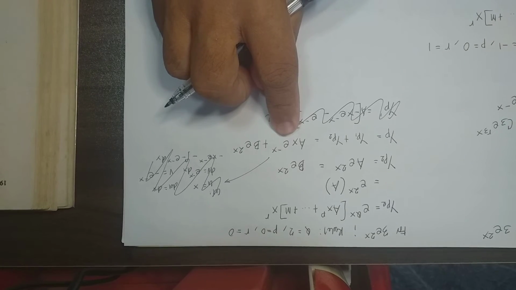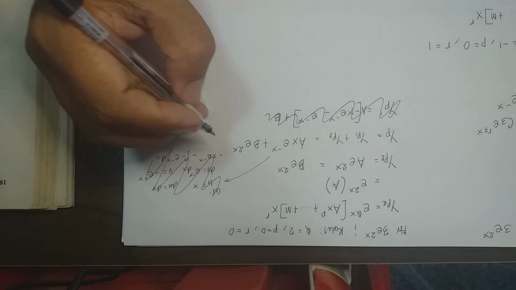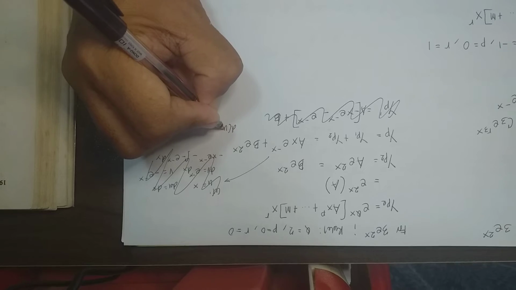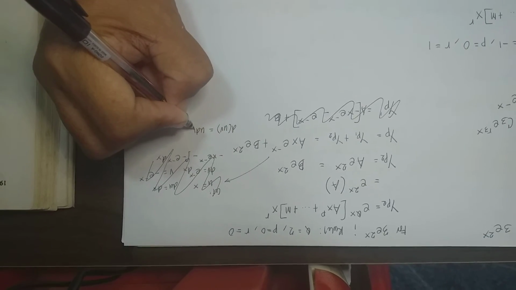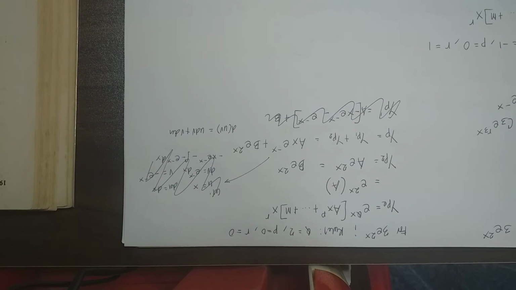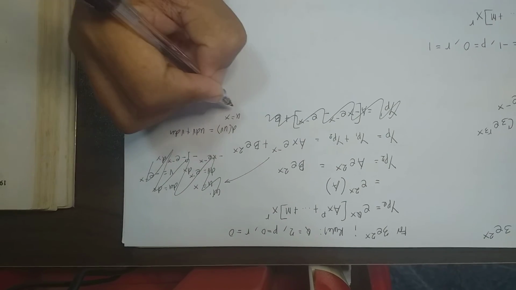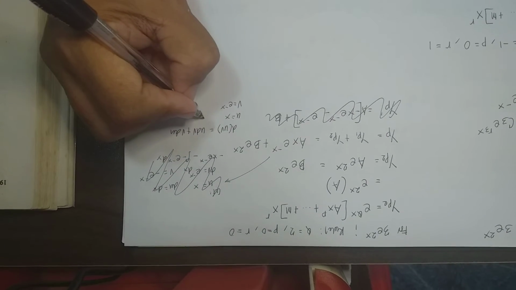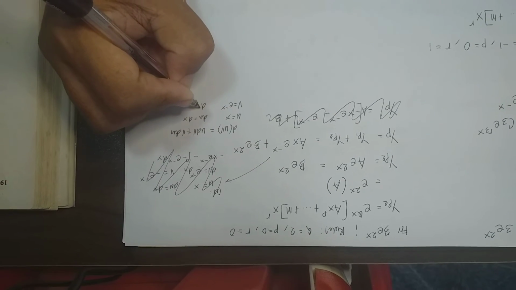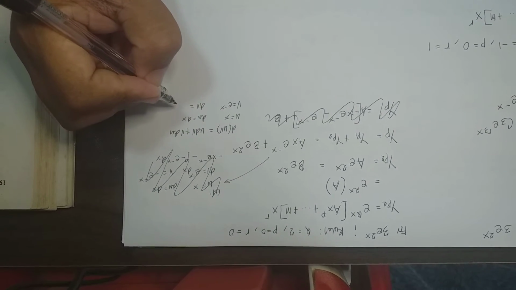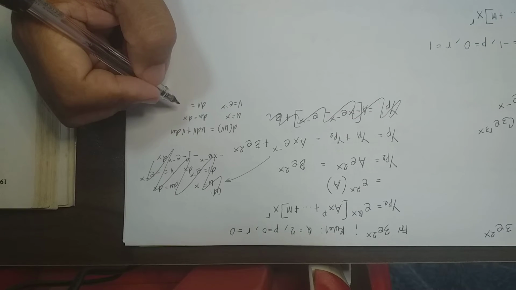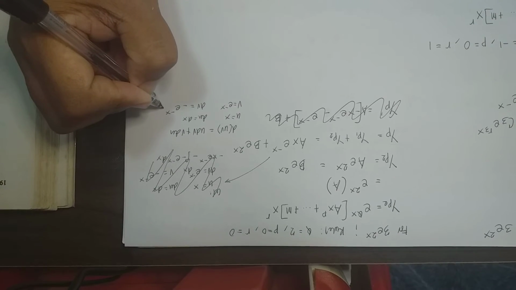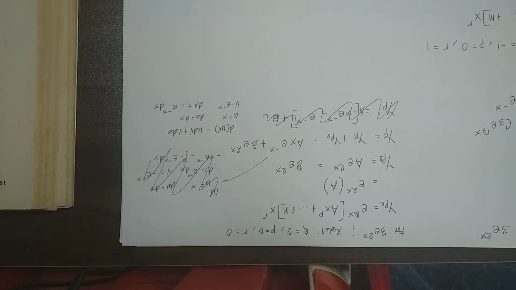Differentiation by product. The derivative of uv is equal to u dv plus v du. Your u is x, and v is e to the negative x. du is dx, and dv is negative e to the negative x dx.